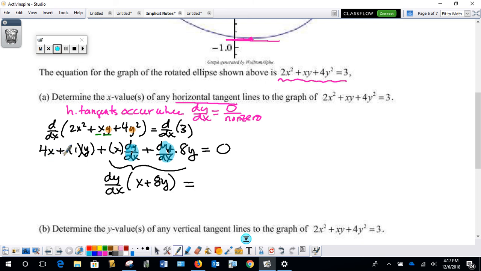These other items, I'm going to subtract to the other side. So I'm going to subtract 4x and I'm going to subtract y. And then my last step, dy/dx is going to equal negative 4x minus y over x plus 8y. So that is my derivative.